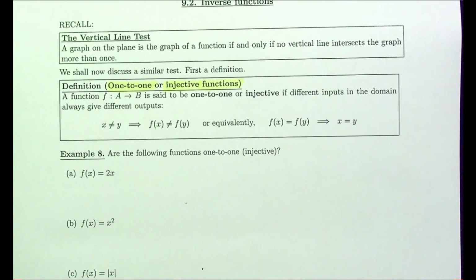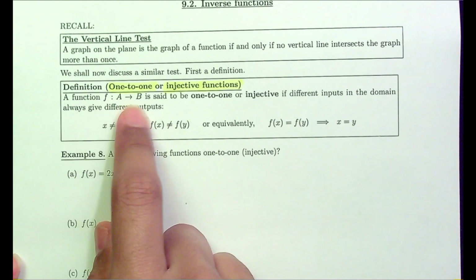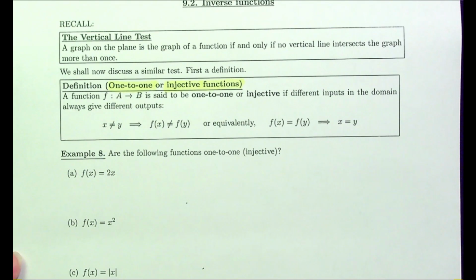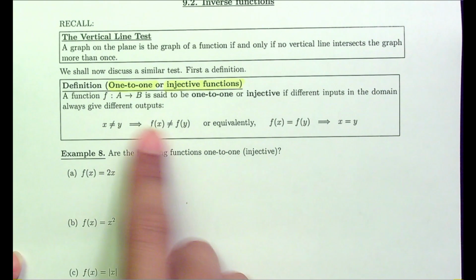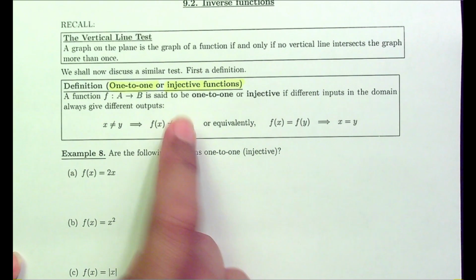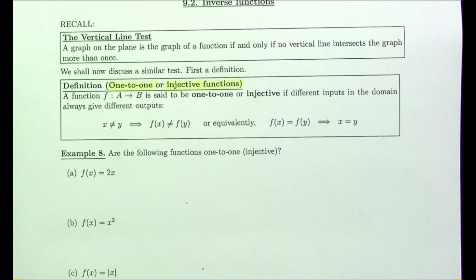So what is a one-to-one or injective function? Well, an injective function is a function that satisfies the following property. Whenever you have two different inputs, the outputs also have to be different.